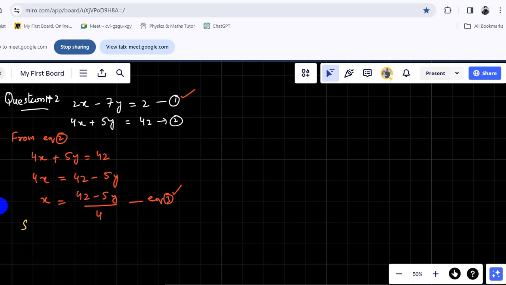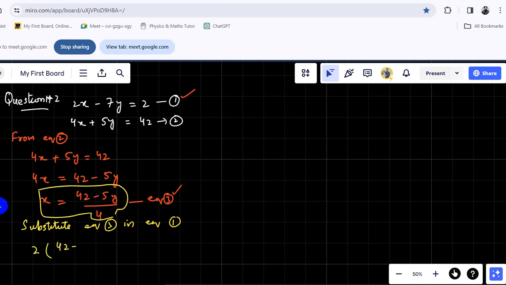So substitute equation 3 in equation 1. By substituting this in 1, this is the value of x. So 2 times 42 minus 5y upon 4 minus 7y equals 2.